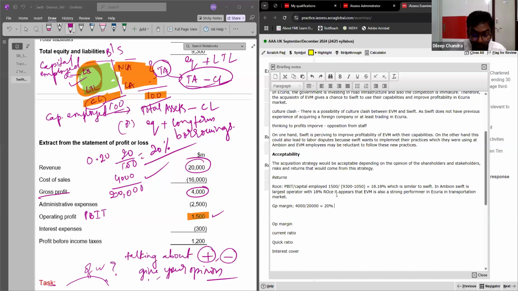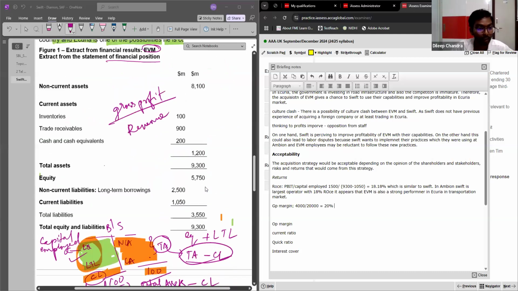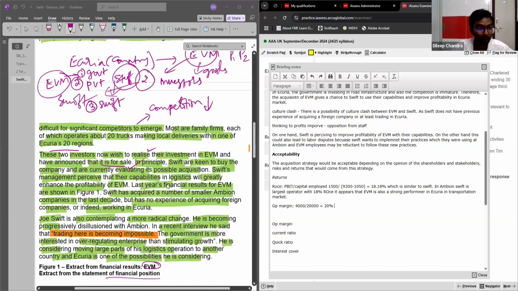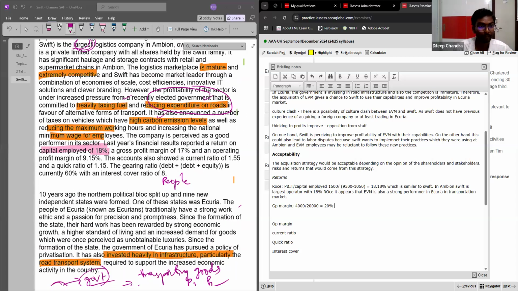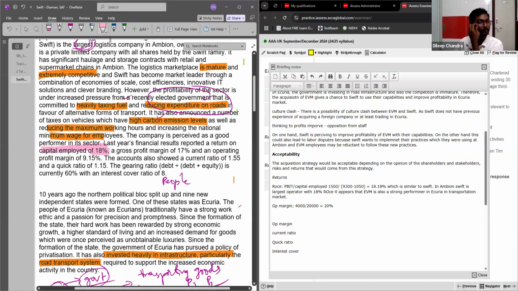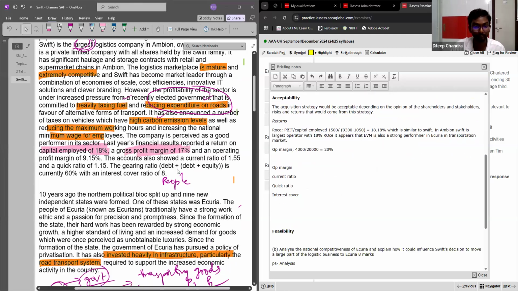Now I'll have to compare this with Swift's GP margin. Where is it? How much is Swift's GP margin? Can anybody tell me? 17%. Oh, which is lower than EVM.